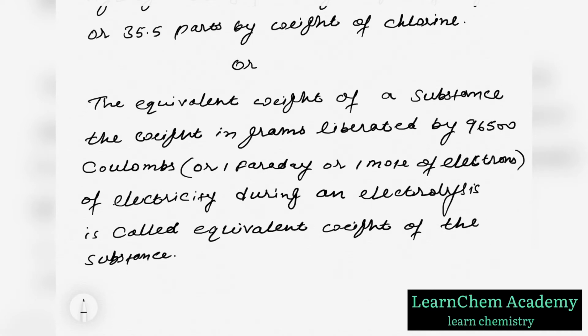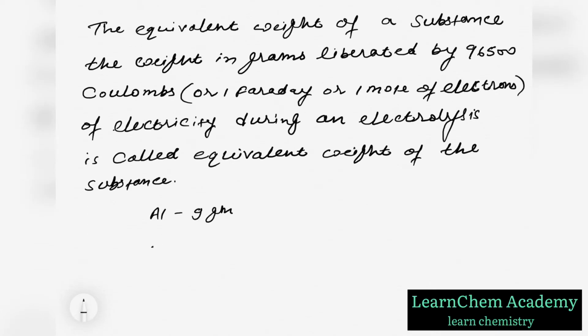Okay, so if we take aluminium as the electrode, the equivalent weight of aluminium is 9 gram, and if we take silver, the equivalent weight of silver is 108 gram.